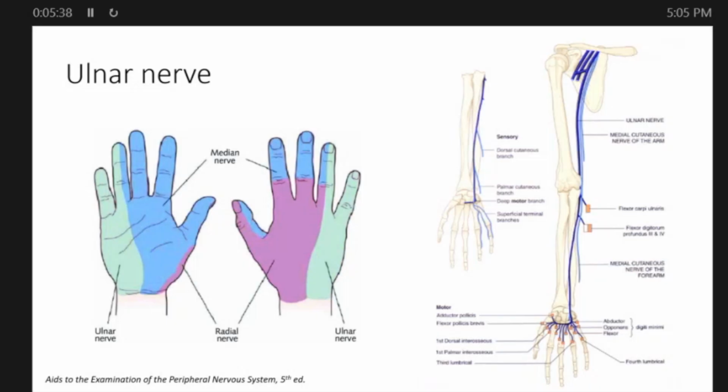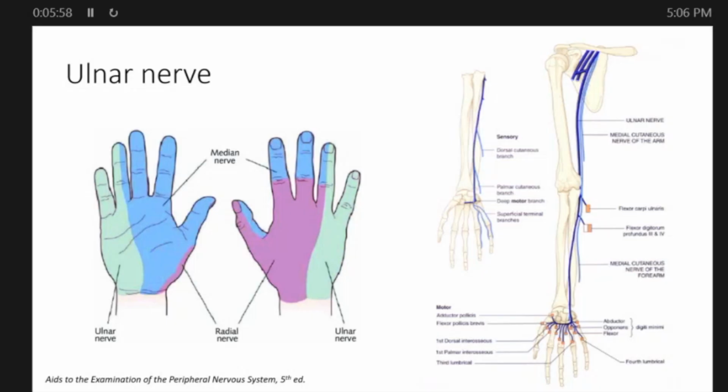That's an important differential. Of course, both of those can present with weakness and atrophy in the ulnar intrinsic muscles. So that includes the first dorsal interosseous, the abductor digiti minimi, the lumbricals.